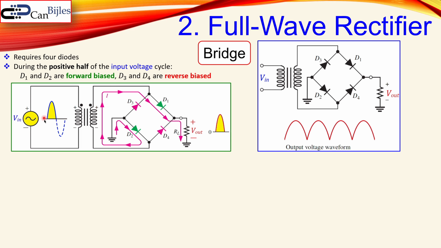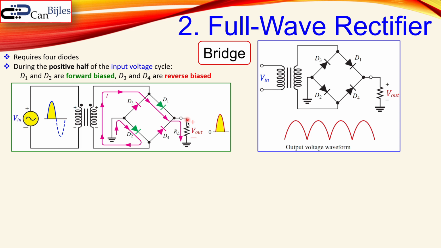So the current flow is the pink one. You can see the positive part of the input voltage is this part. The transformer will replicate this here with some ratio. Let's say it is exactly the same. Then the current flows in this direction going through D1, but D4 will block, of course, because it is reverse biased.